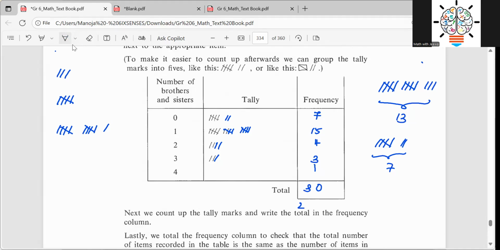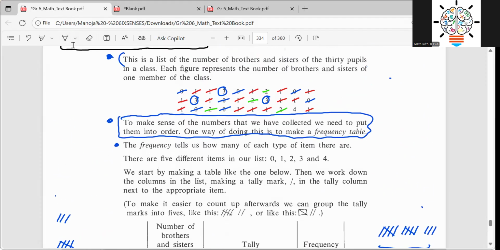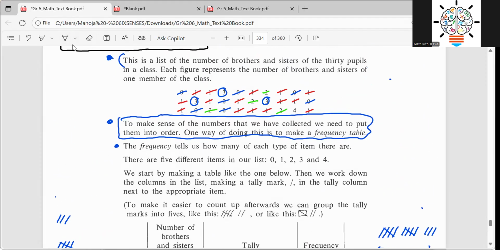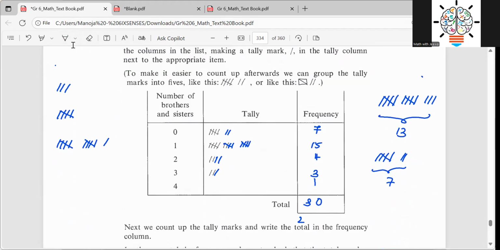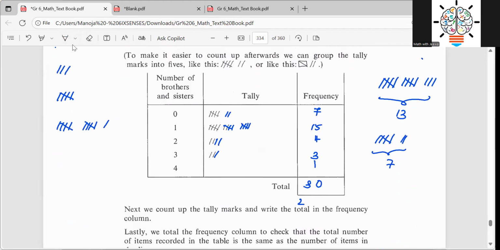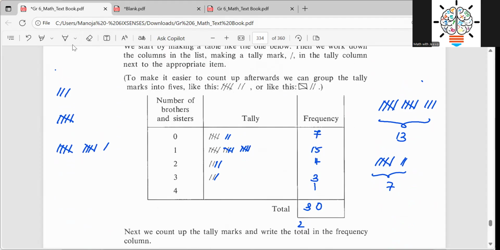So there were only 30 pupils in the class, right? Then you can write down the sentences up to this, then this sentence and this sentence. After that, you can have the tally table, the frequency table like this. So this shows everything that we have.